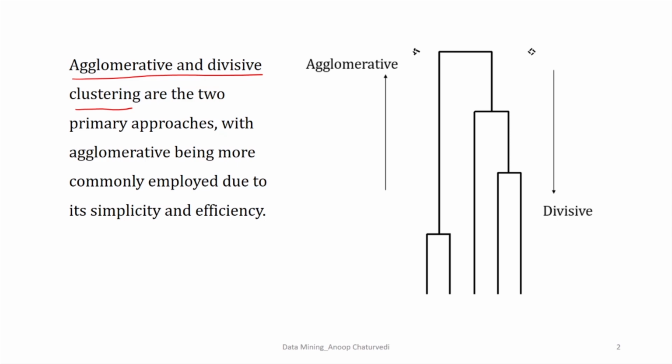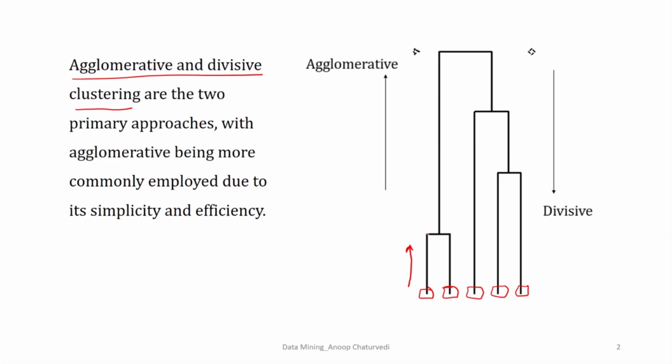In agglomerative clustering, what we do? We start from here. So, initially we have the number of clusters equal to the number of observations, and in each cluster there is just one observation, and then we proceed iteratively.